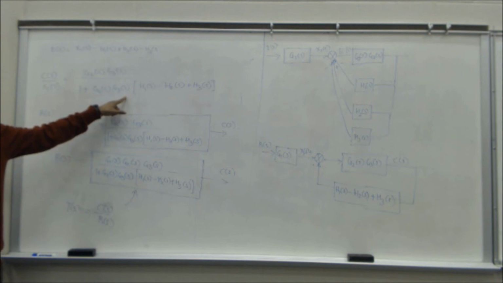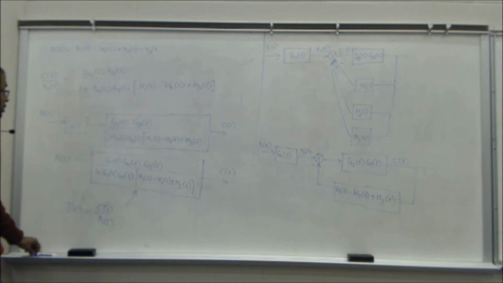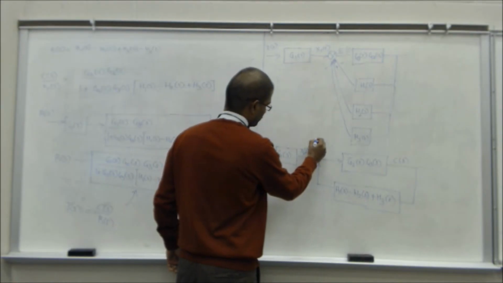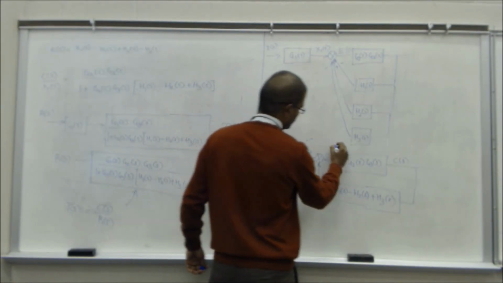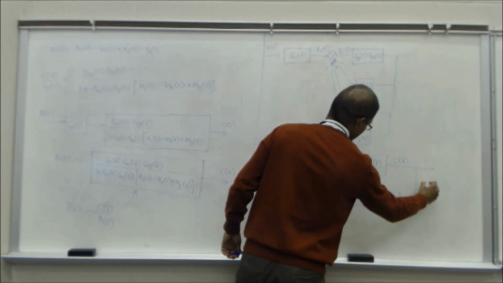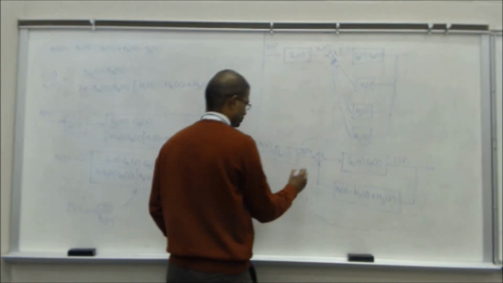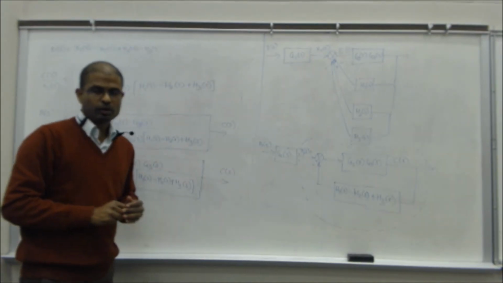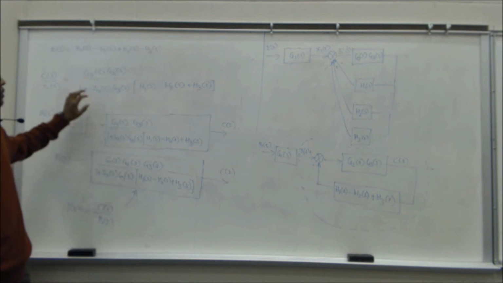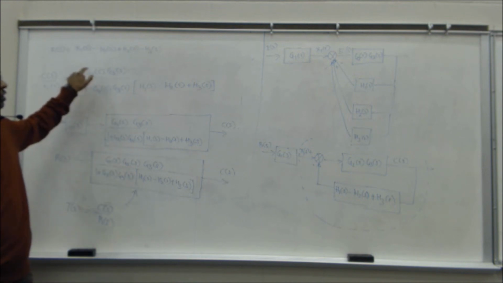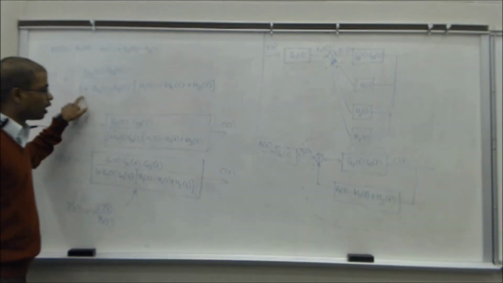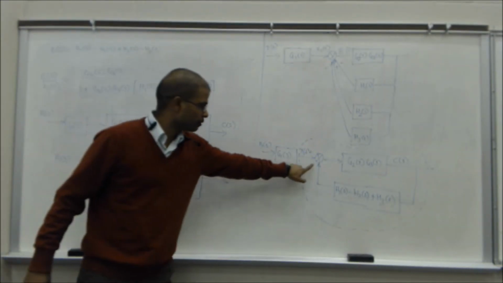This one? So this one, I'm looking at this. This is my feedback system, right? So what is the equivalent transfer function for the feedback system? It is G of s, the forward loop, over 1, if there's a minus here, correct?